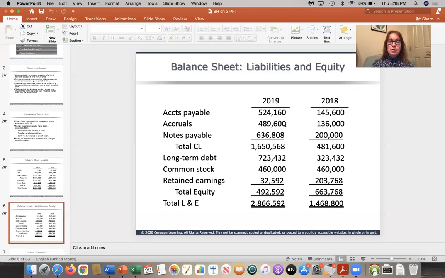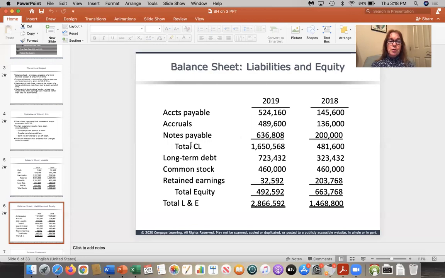Accruals, that's increased also. Accruals are money that we have set aside that we know we have to pay sometime this year. Taxes, salaries would be examples of accruals. Notes payable, that's debt that is coming due this year. So either a loan that's coming due this year or bonds that you've issued that are coming due this year.